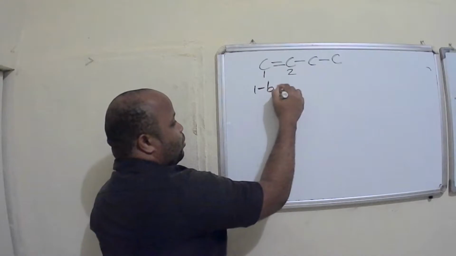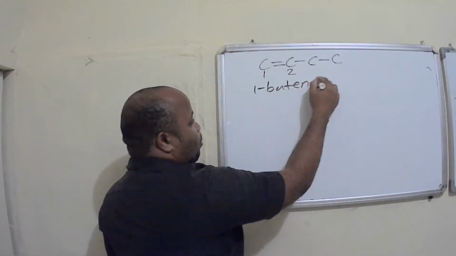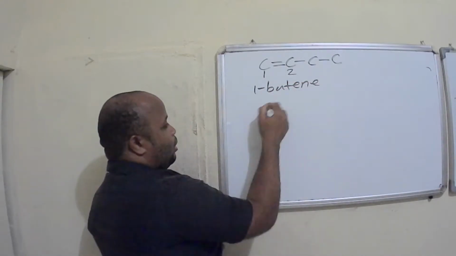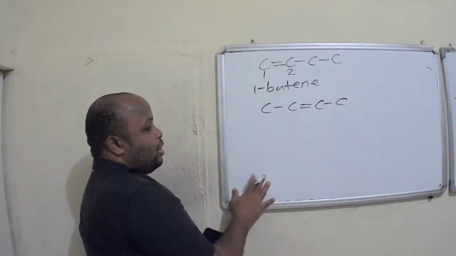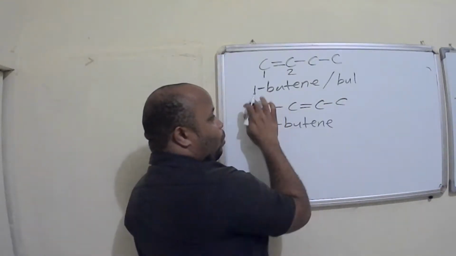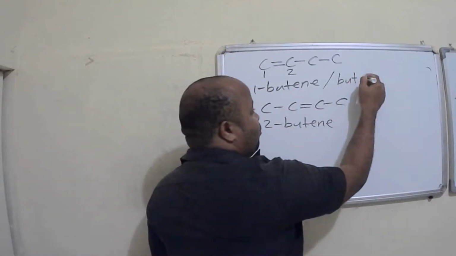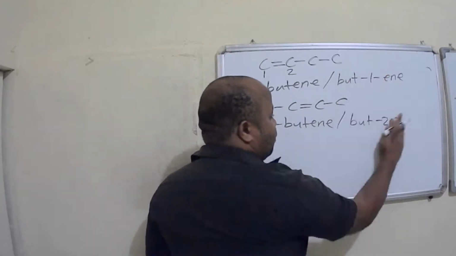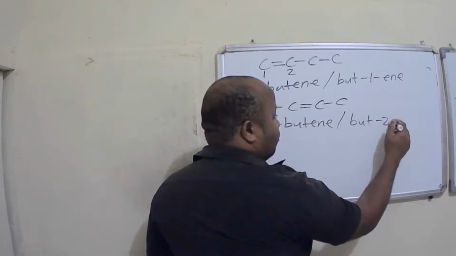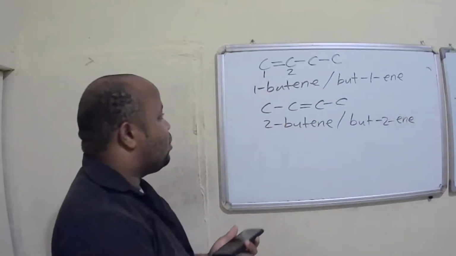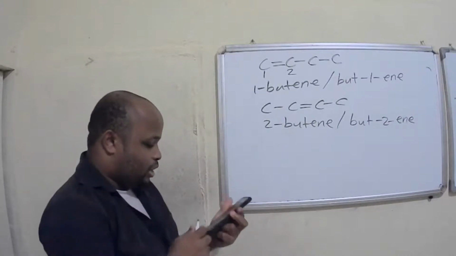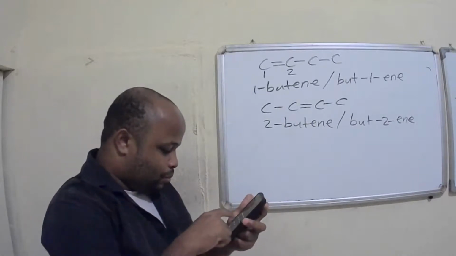So we know it is 1-butene. So to get the next isomer, we just shift the position of the double bond. 1-butene, or you can say but-1-ene. So those are P and Q.